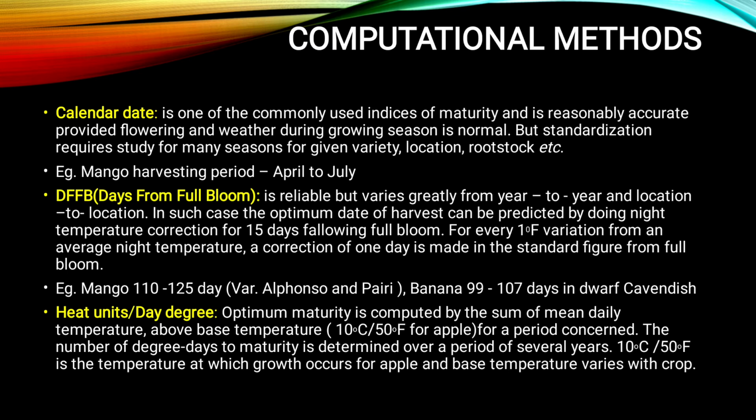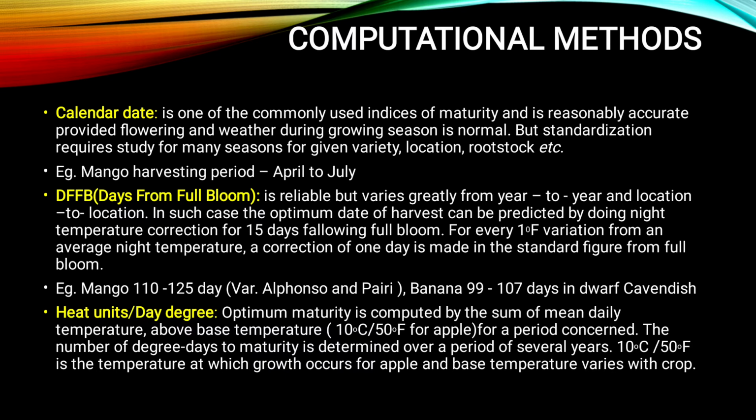For every 1 degree Fahrenheit variation from an average night temperature, a correction of 1 day is made in the standard figure from the full bloom. The example here is mango, about 110 to 125 days. It means on average how many days will be required for proper maturity of the fruit from full blooming. Full blooming means full flowering.